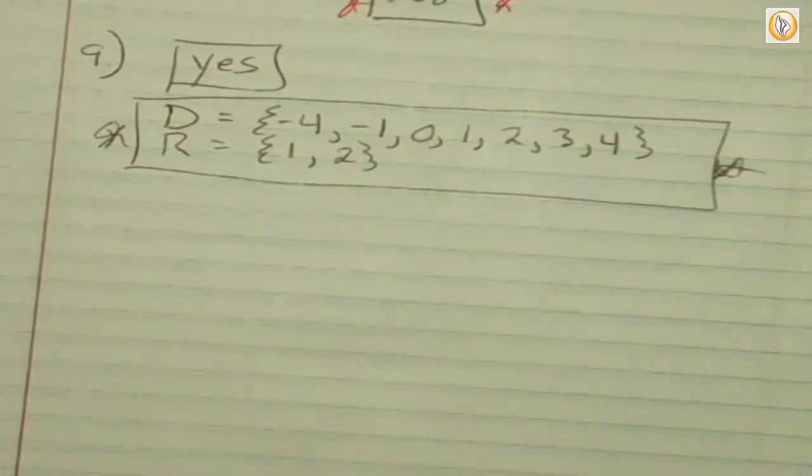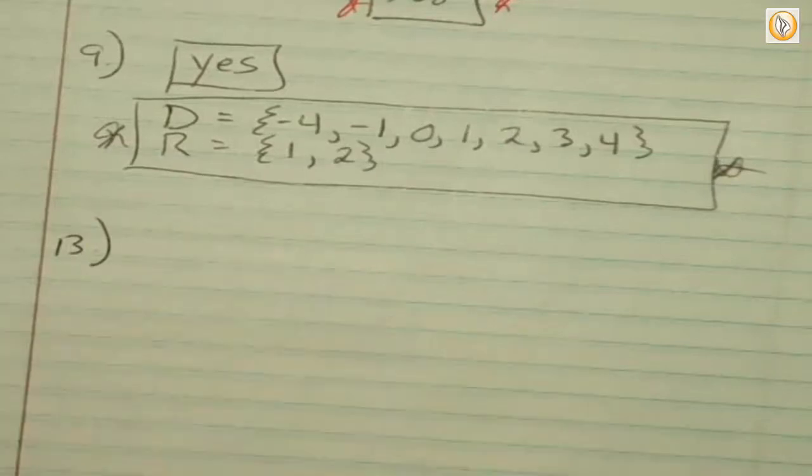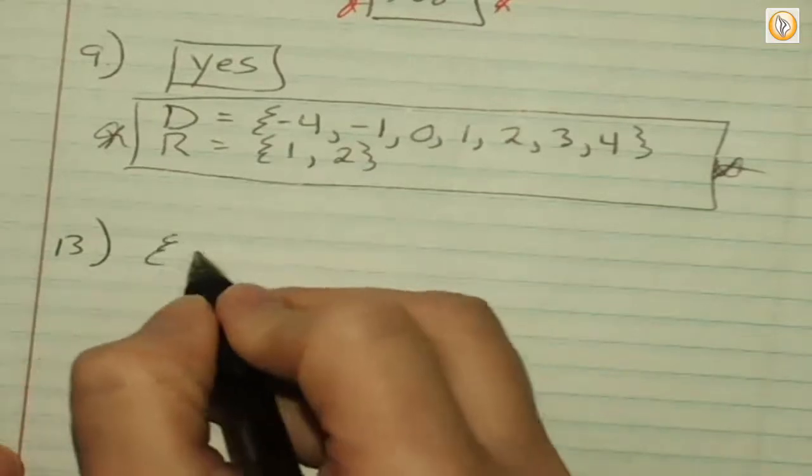Okay, so we're going to skip 11, and we're going to go straight to 13. Thirteen is back at that whole weird way of writing the equation.